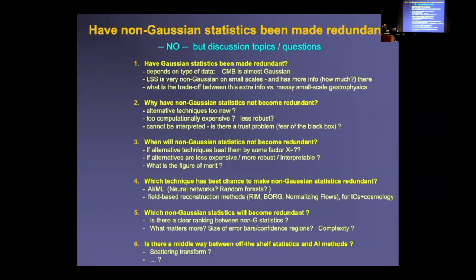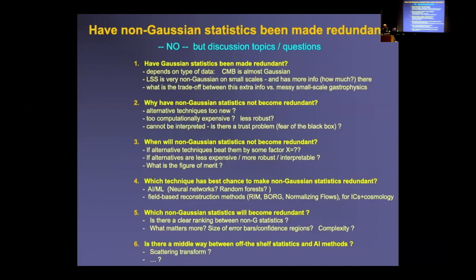So I just have a few more questions about why the non-Gaussian statistics actually have not become redundant. Is this mostly because the alternatives to using them are too expensive computationally? Is it because it's just new and we're just starting to employ the machine learning tools? Or is it because the results are less robust to systematics?